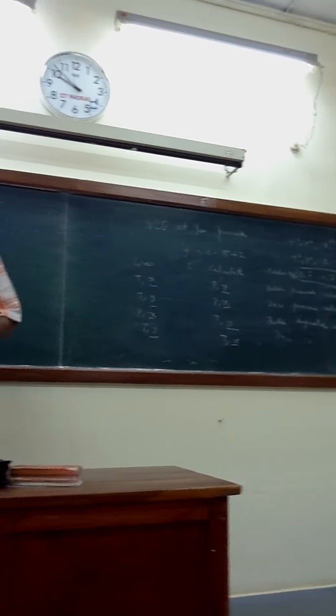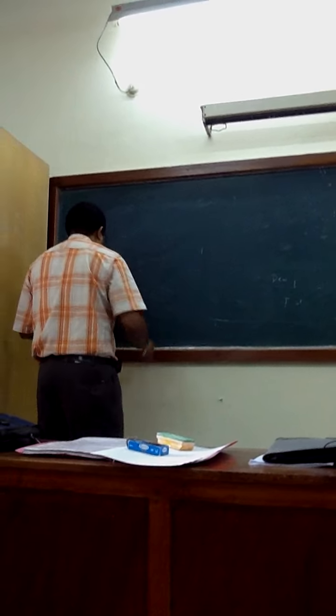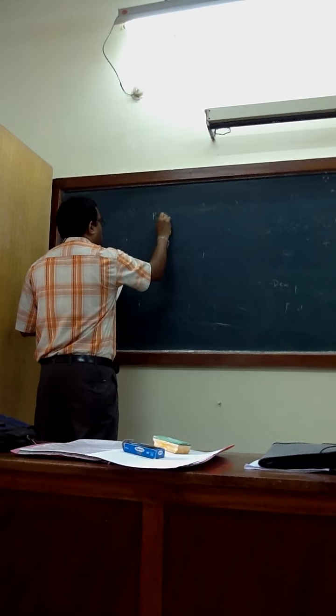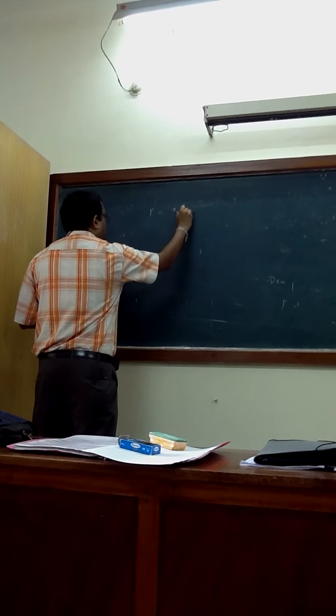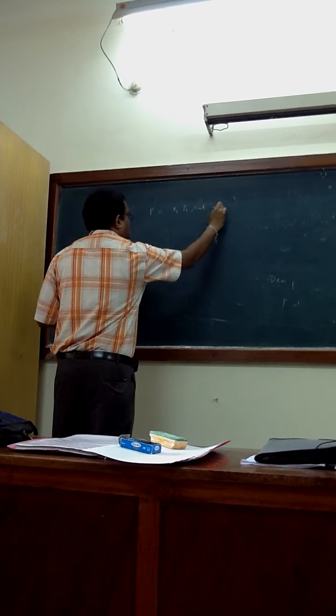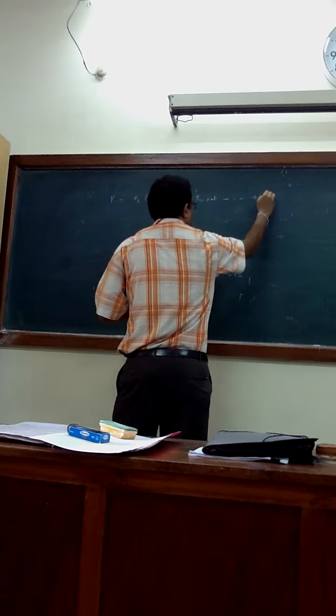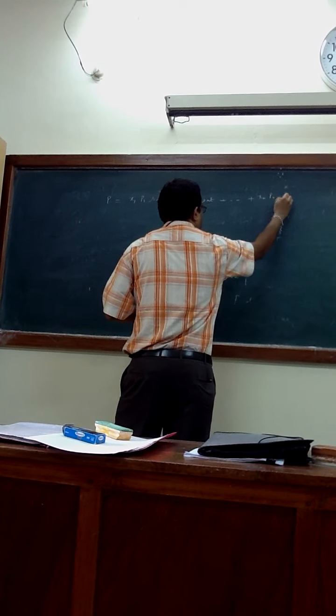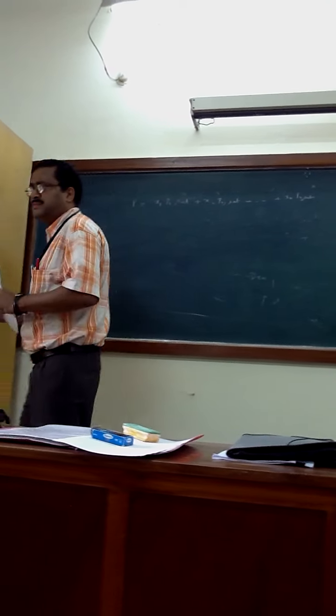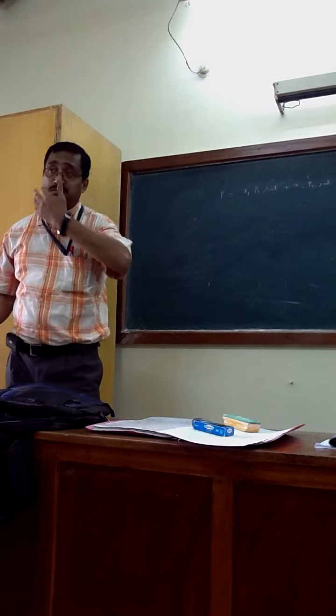So we have the components. P equals x1 P1 sat plus x2 P2 sat, and so on up to xn Pn sat. We have n number of components from Raoult's law, right?